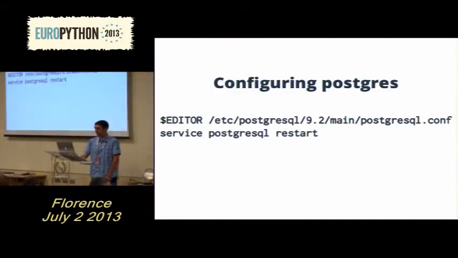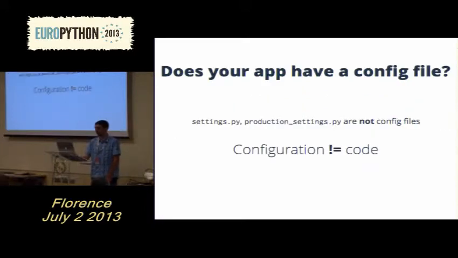So configuration. Again, to take the traditional example, configuring software is usually just as easy as editing a config file and restarting the service. If we look at the average Django project, it's quite different.